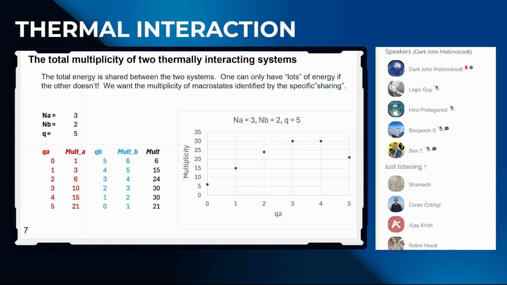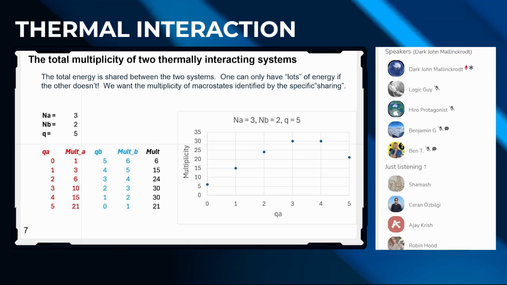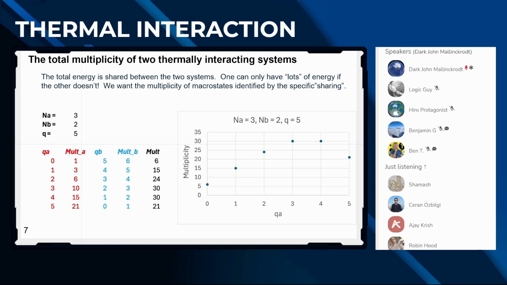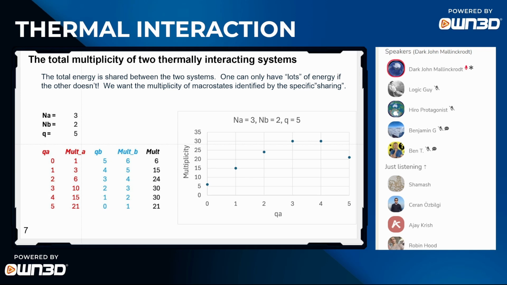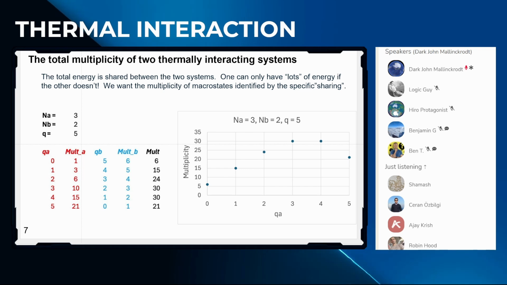There's 6 ways of partitioning 0 and 5, 15 ways of partitioning 1 and 4, 24 ways of partitioning 2 and 3, 30 ways each of partitioning 3 and 2 or 4 and 1, and 21 ways again of partitioning 5 and 0.